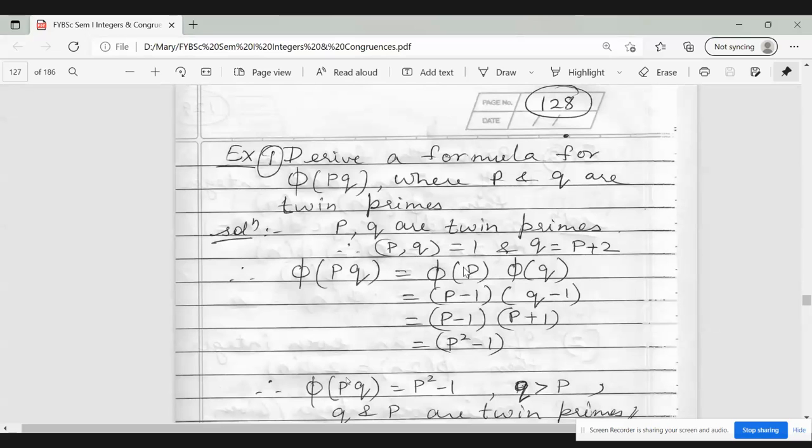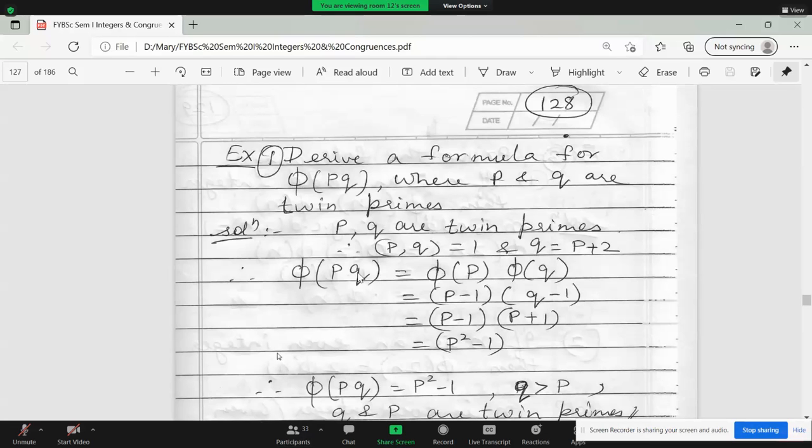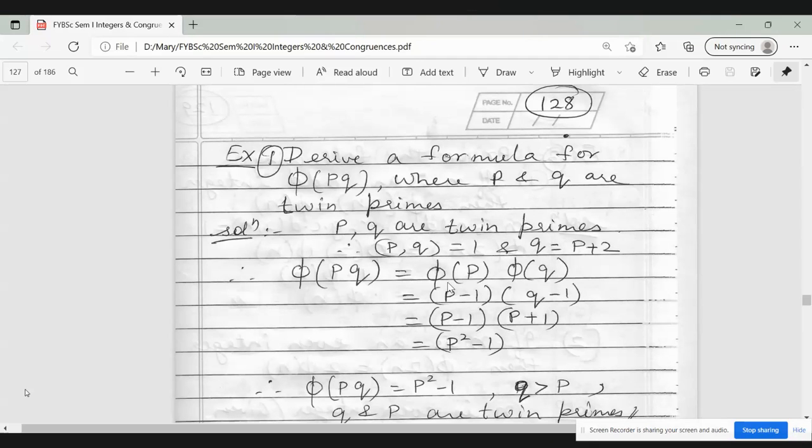So what will be phi of PQ? It is equal to phi of P into phi of Q. Phi of P is P minus 1, and phi of Q is Q minus 1.